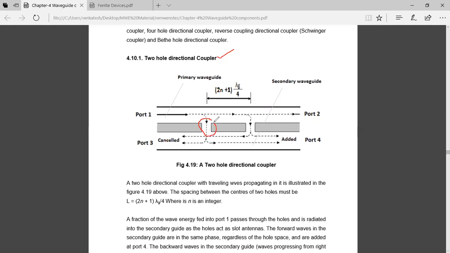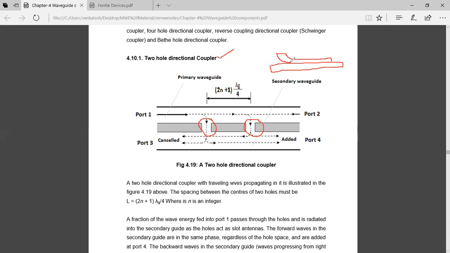It is a combination of directional coupler and two waveguides. I'm going to draw a rough diagram here. This is the rectangular waveguide we have, and this is another rectangular waveguide which is placed over here.